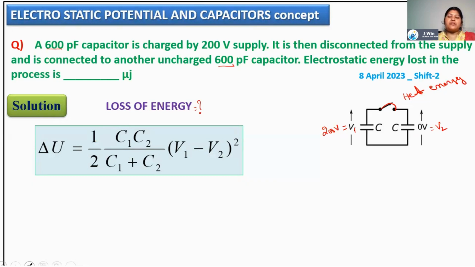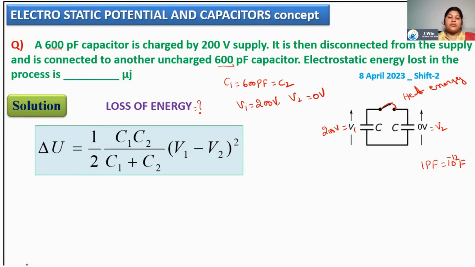Now substitute the values of C1, C2, V1, V2. C1 is 600 picofarad, and C2 is the same, C1 equal to C2. V1 is 200 volt, whereas V2 is 0 volt. Pico means 1 picofarad equals 10 power minus 12 farad.